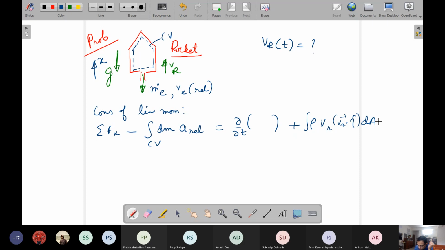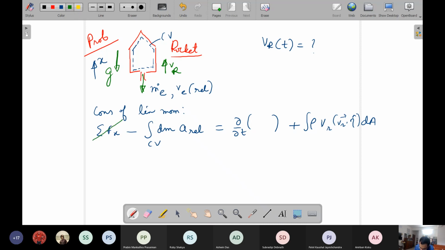So the Reynolds transport theorem that we write is very similar to one of the problems that we studied in the previous class. That is, you have a tank filled with water, and water is being forced out of the tank through a hole, and that motion of the water is creating a thrust on the tank, and the tank is moving. This is very similar in concept, although the technology is significantly more advanced. So the same expression that we have written here.